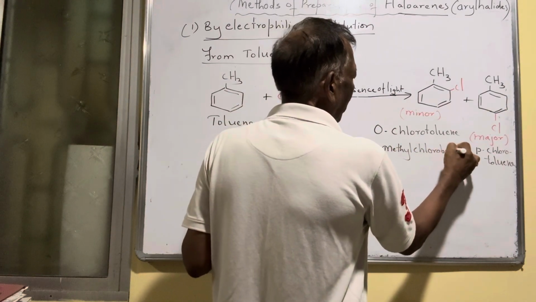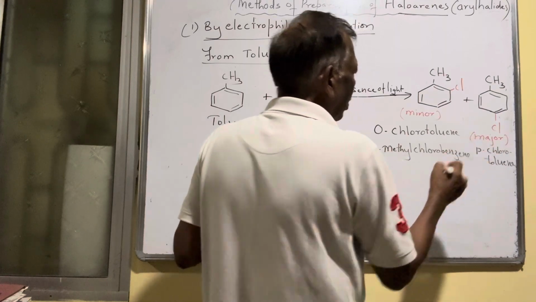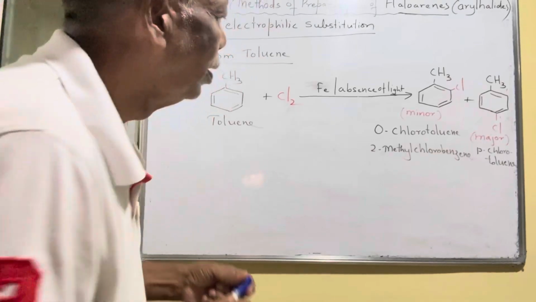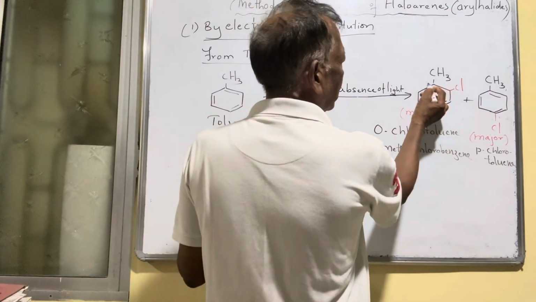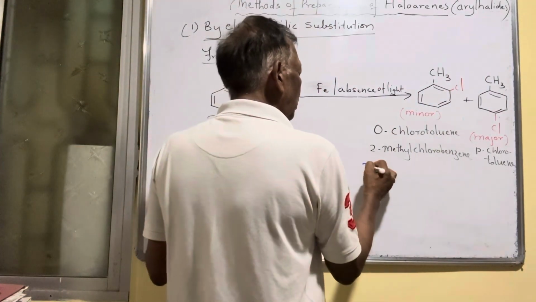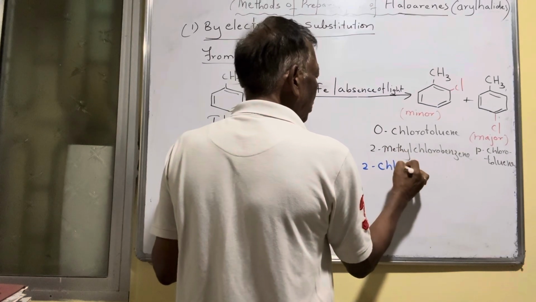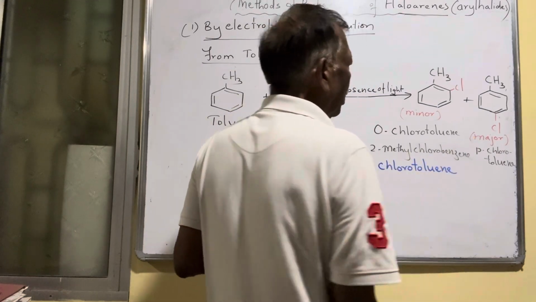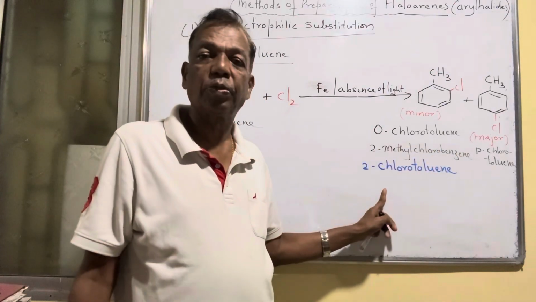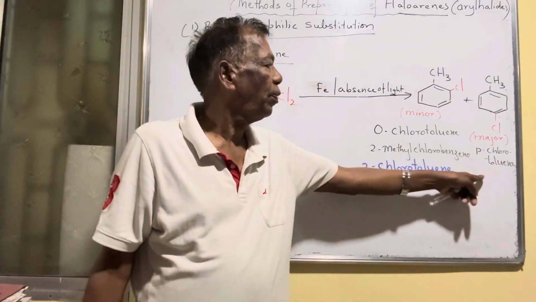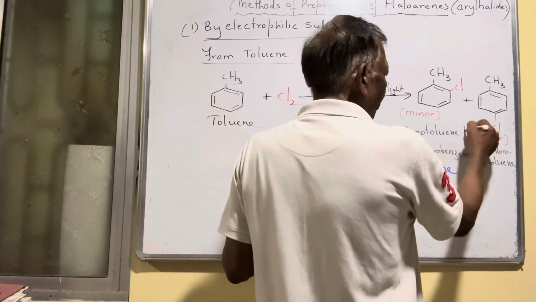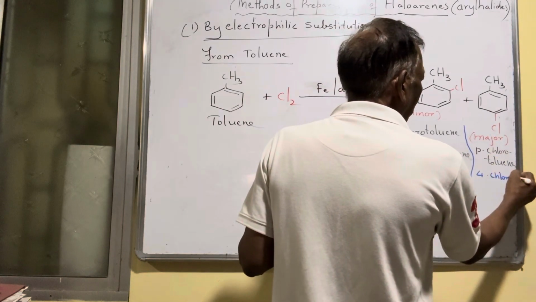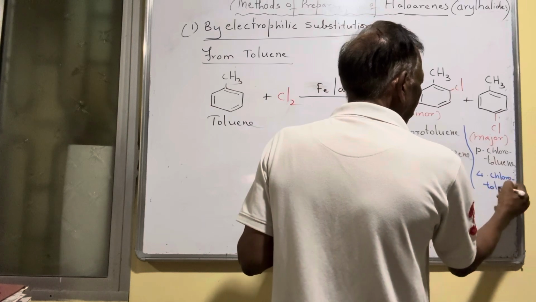You can name it that way, or you can also call it 2-chlorotoluene. And this will be 4-chlorotoluene.